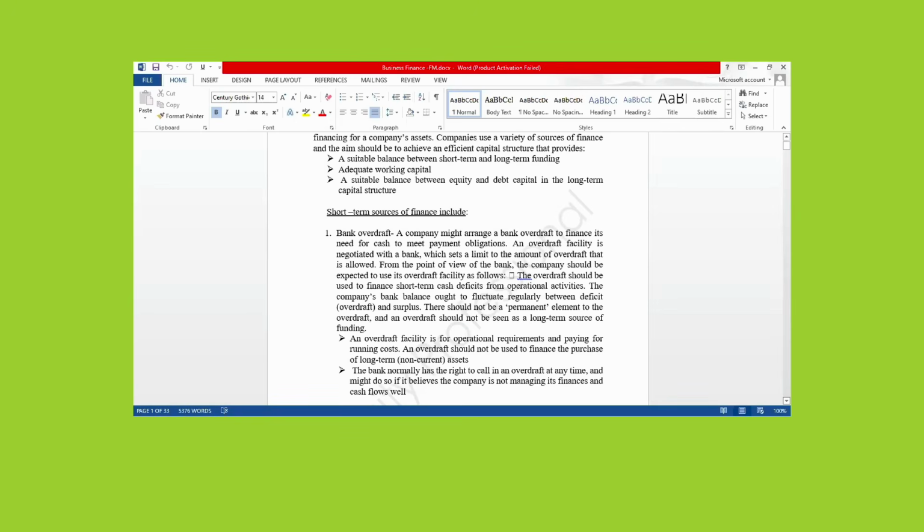And the bank might do so if it believes that the company is not managing its finances and cash flow very well.